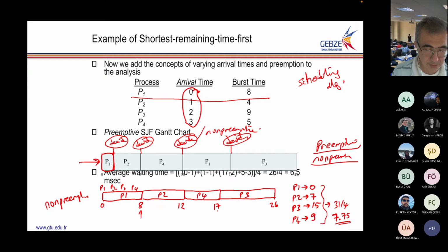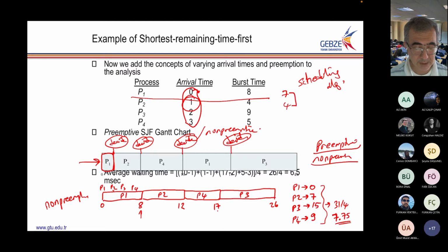But if it is preemptive, that is the case. P1 is executed, and at time 1, some other process comes in, and we make another decision. We make the decision so that the remaining time of P1 at time 0 is 7, but the remaining time of P2 is 4.